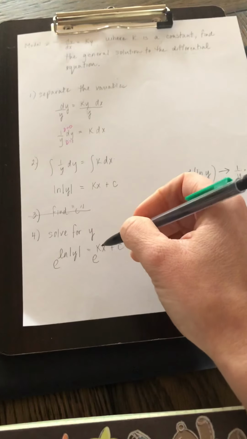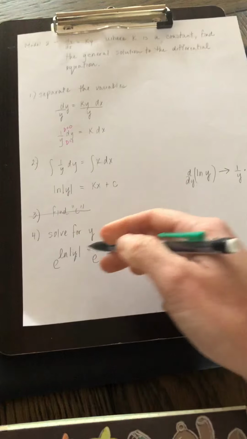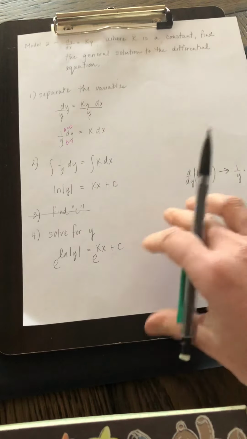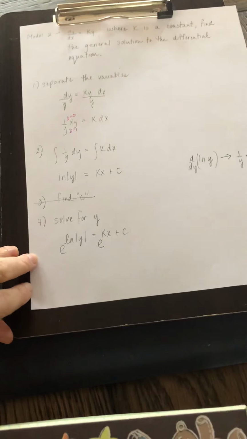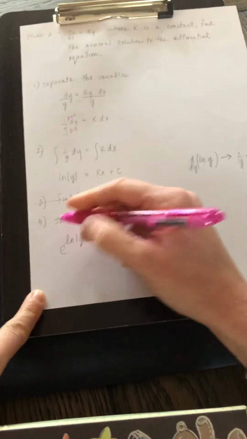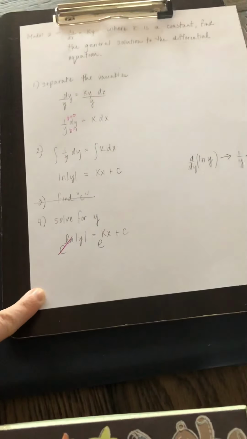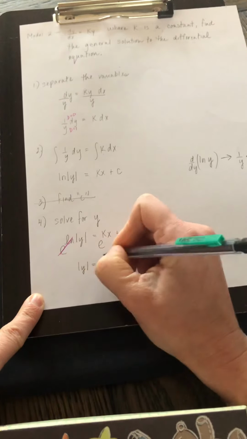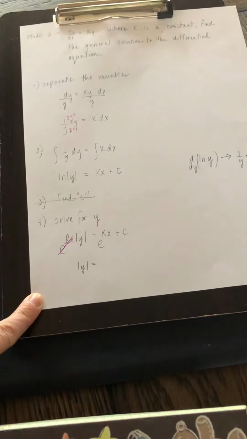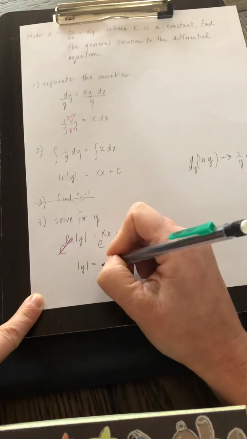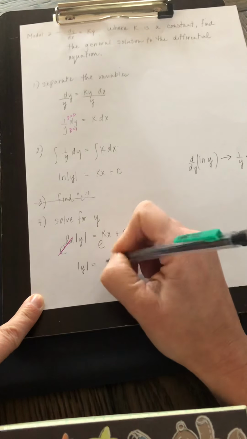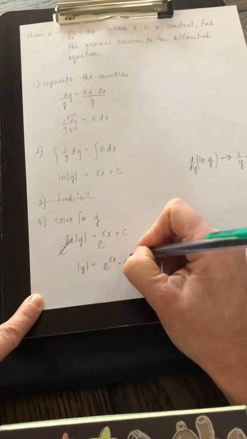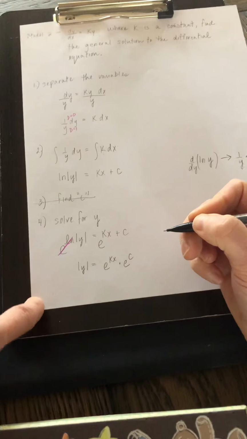So once again, when we exponentiate both sides, our equation that we were working with now really becomes the exponents on both sides. We have that nice shortcut that we can see over here, e to the ln, inverse functions. So now we're left with the absolute value of y equals, and I'm going to also rewrite this like I did in the last problem. I can rewrite this as e to the kx times e to the unknown c value.